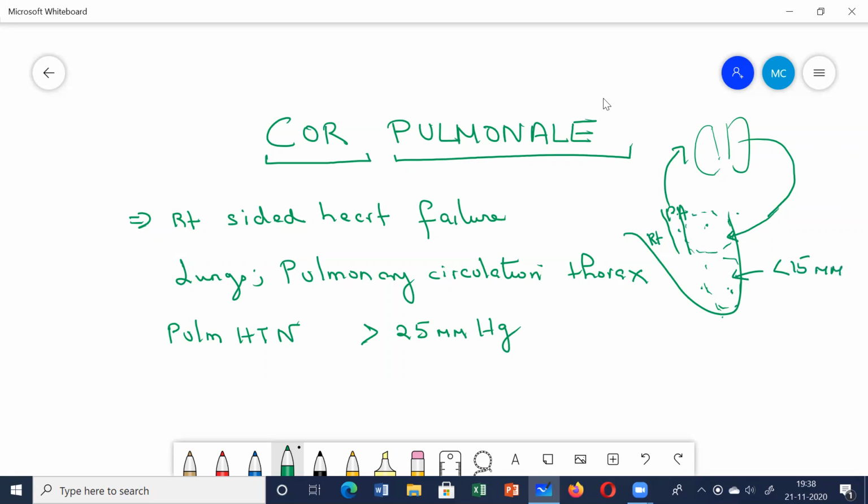This is the main thing you remember. Pulmonary hypertension in cor pulmonale we define as when the pressure in the pulmonary arteries is more than 25 millimeters of mercury.